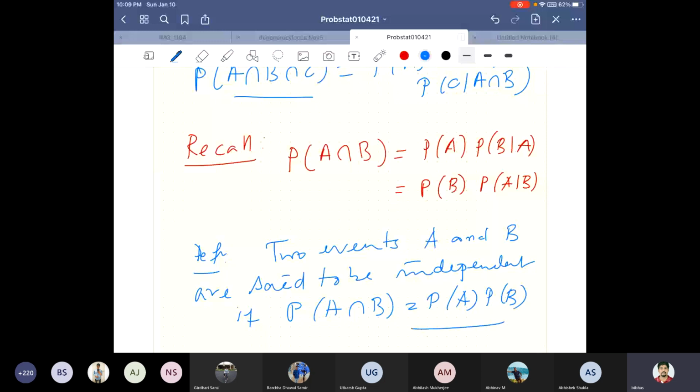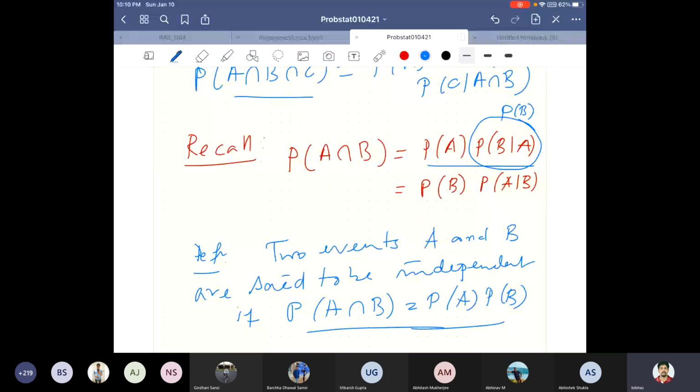So what it means is, see here: probability of A intersection B, this is my multiplication rule or the definition of conditional probability, is probability of A times probability of B given that A has occurred. Now I'm saying if you replace this by probability of B, that means occurrence of A does not change the probability of occurrence of B. Then we have this equality.